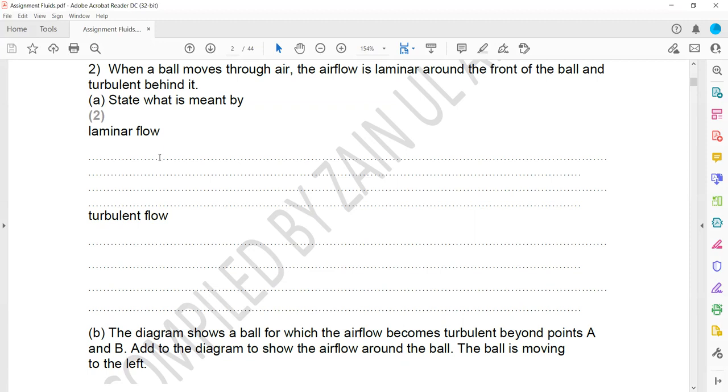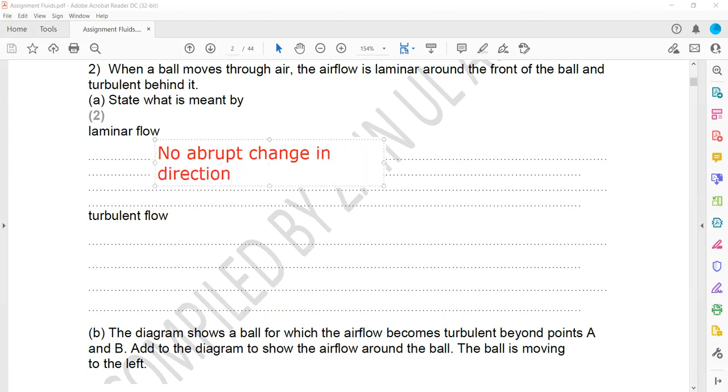So laminar refers to no abrupt change, whereas turbulent refers to abrupt changes in the direction and speed.